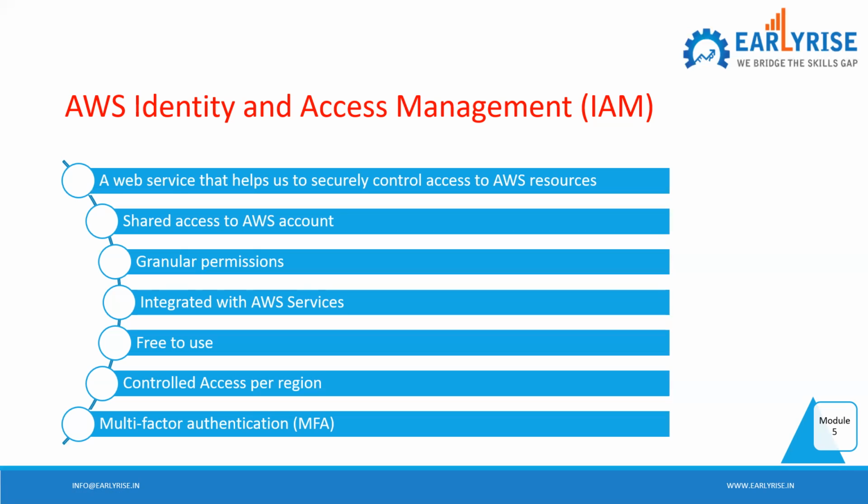You don't have to create another user for EC2, another user for S3, and one more user for database. It's not like that. You have one user created in IAM, and now your services will understand that this is the user whom I should give the access. So that particular user is known to each and every service running in AWS.